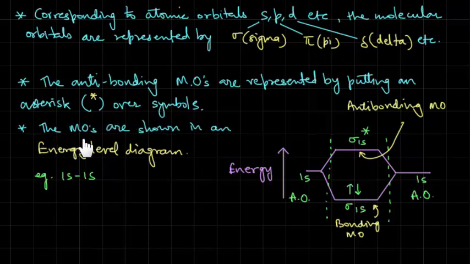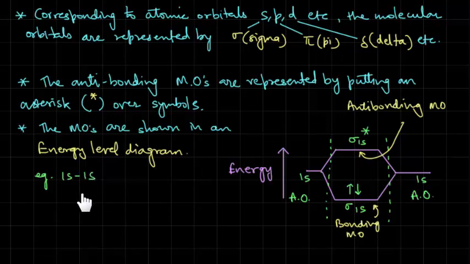The molecular orbitals are shown in an energy level diagram. So let's take an example of two atomic orbitals, 1s and 1s, which are combining to form a bond. What we studied is when these two atomic orbitals combine, they will form one bonding orbital and one anti-bonding orbital.